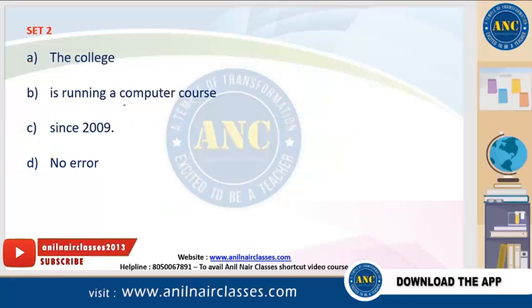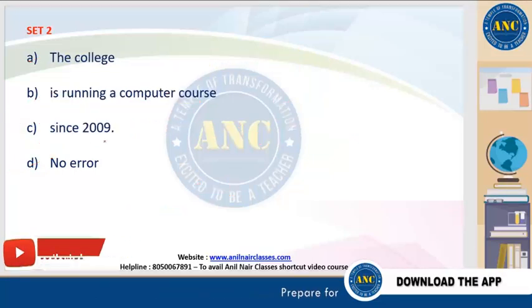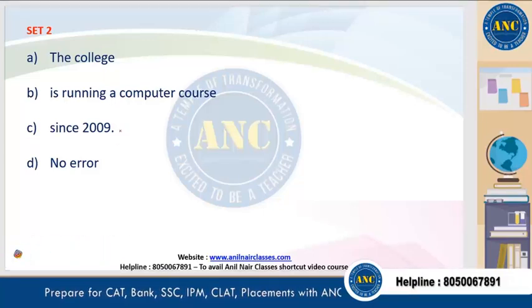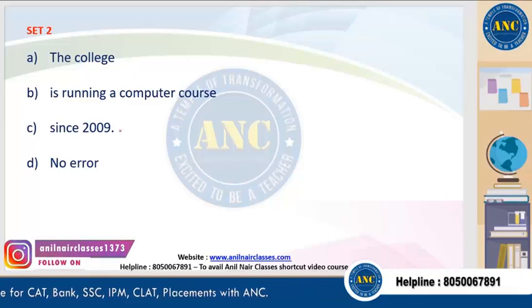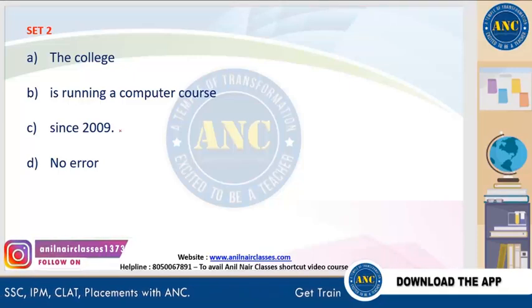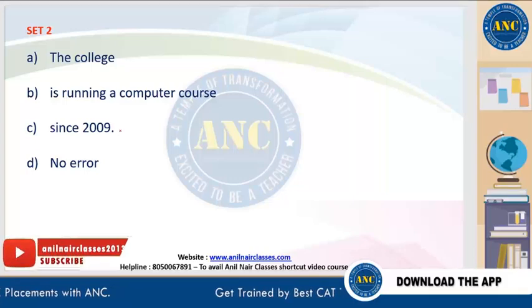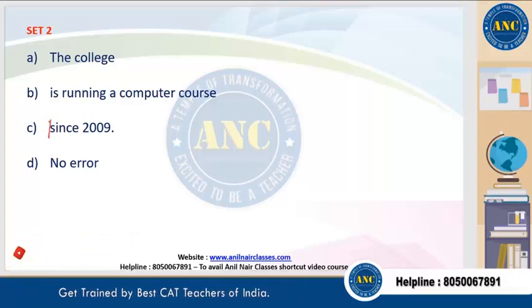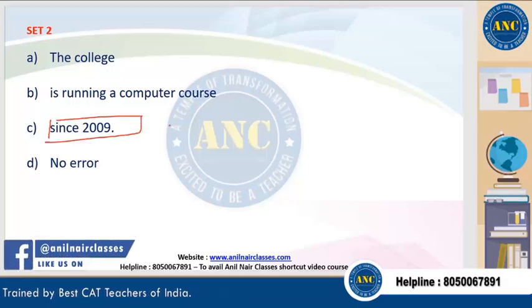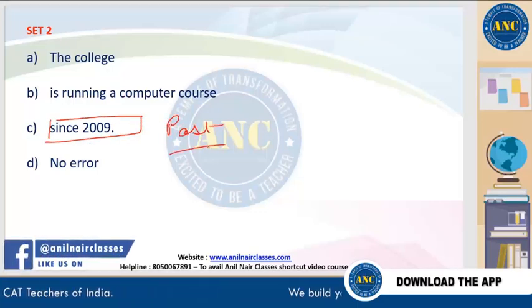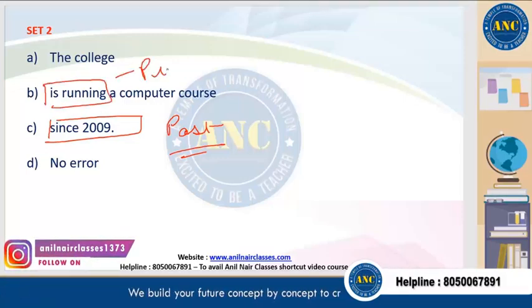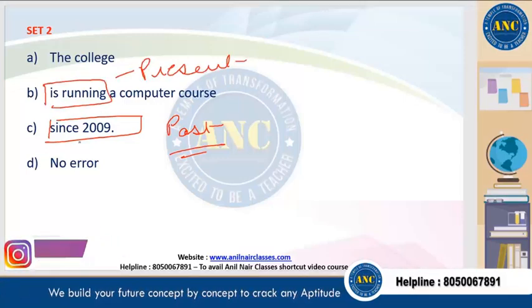Next, the college is running a computer course since 2009. So "since 2009" helps us to know that there is a time clause given over here, right? Which helps me to know that this is the past tense. So "is running" is in the present, and the consistency is not there.